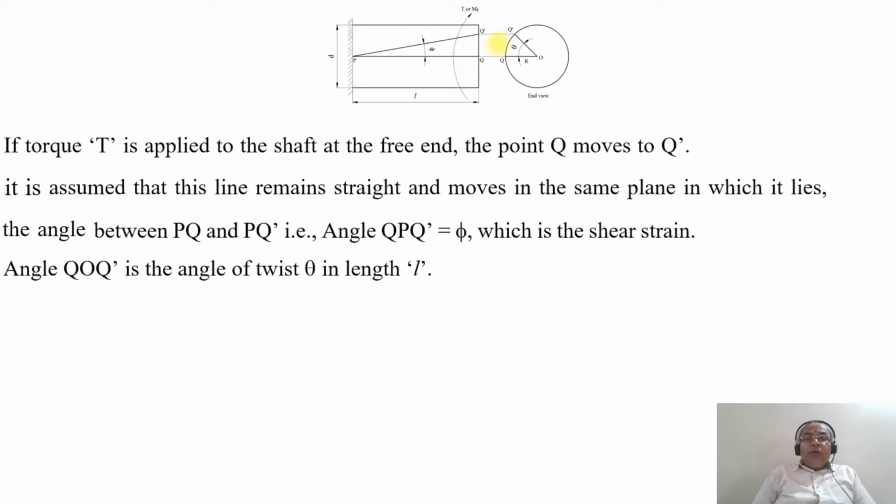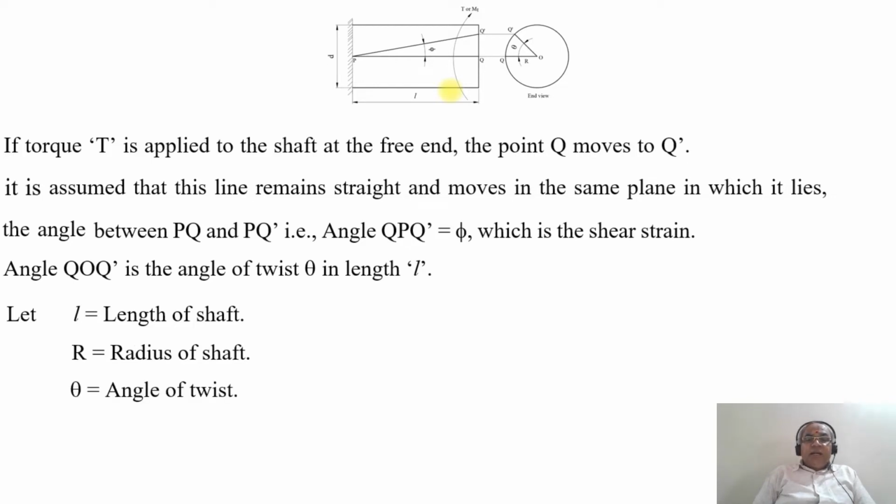Angle QOQ dash is the angle of twist, which will be theta in length L. Let small l be the length of the shaft, R the radius of the shaft, theta the angle of twist, and phi the shear strain.